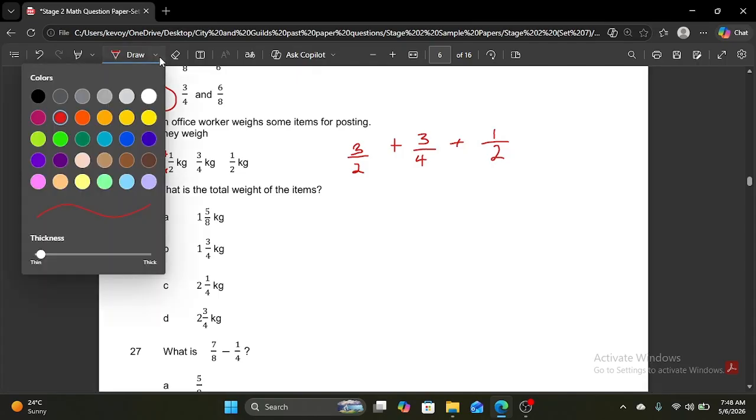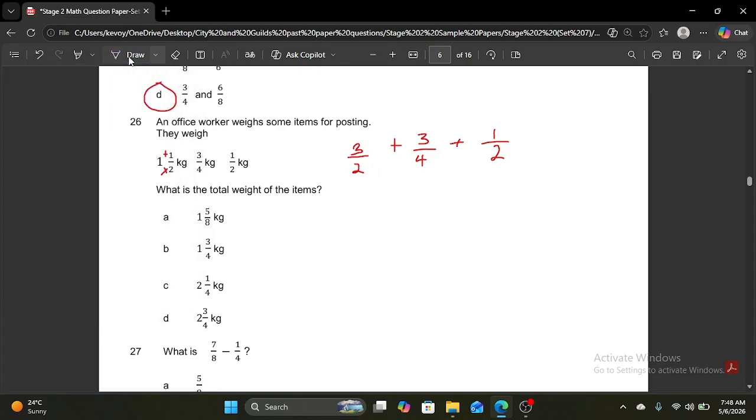Alright, let me change the color so you see what I'm doing next. For these we need to have the lowest common denominator. So what's the lowest common multiple for 2, 4, and 2?